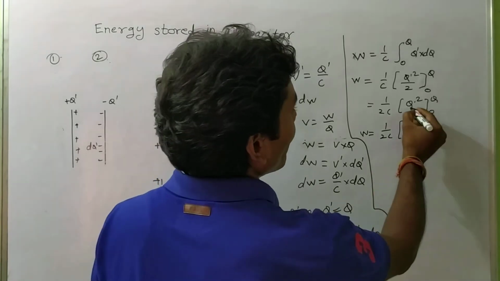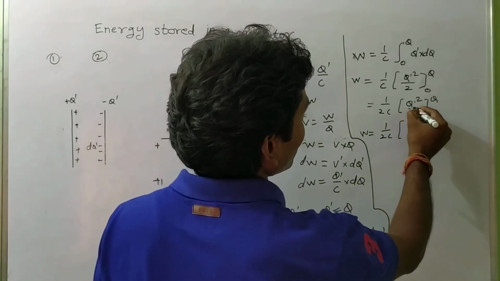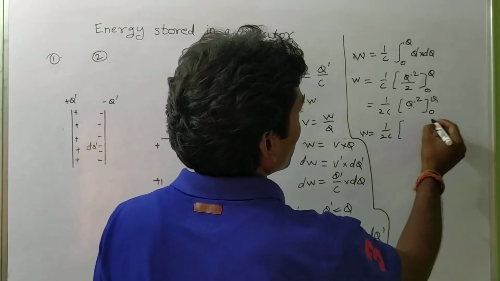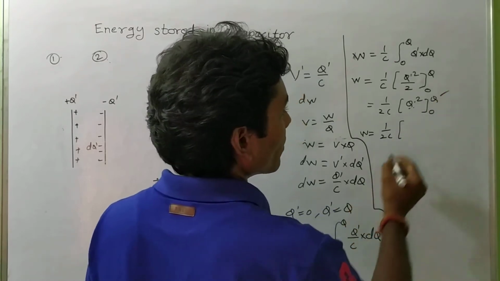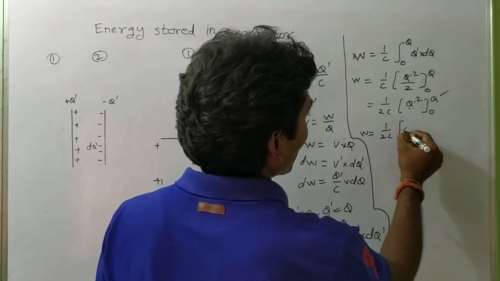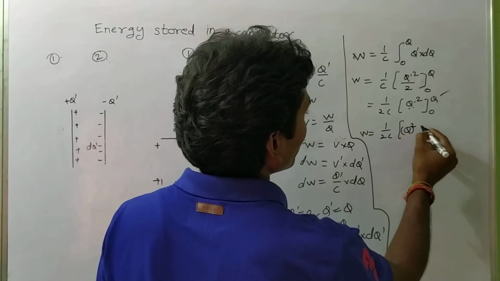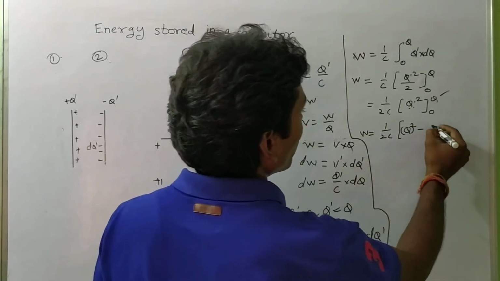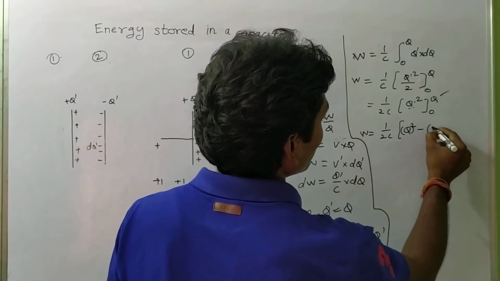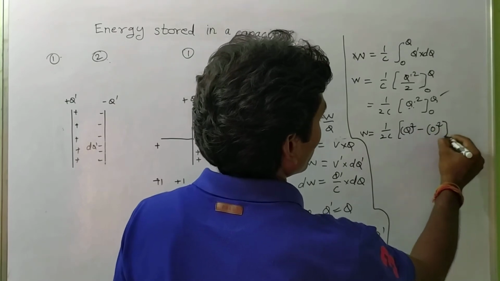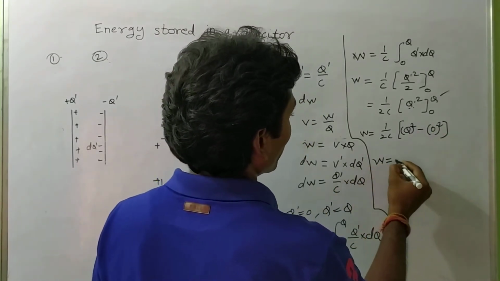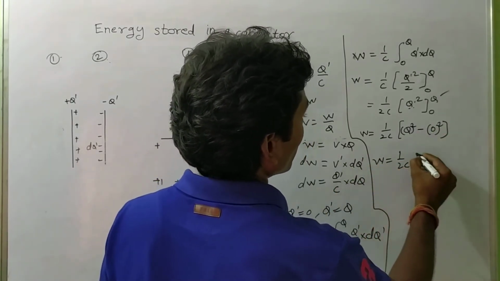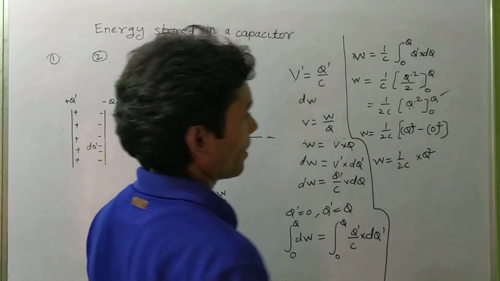On taking the limits, we put the value of Q dash. The upper limit is Q, so in place of Q dash, Q square will be there, minus the lower limit which is 0. So W equals 1 upon 2C into Q square.